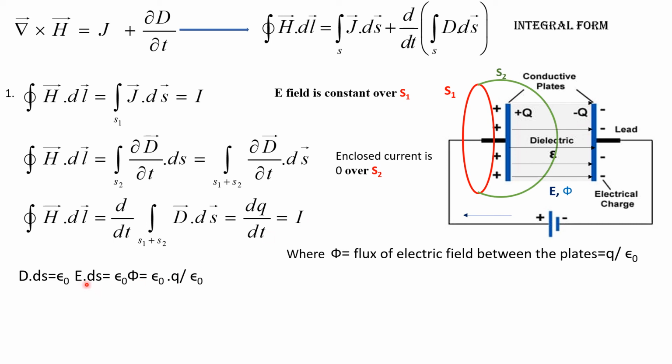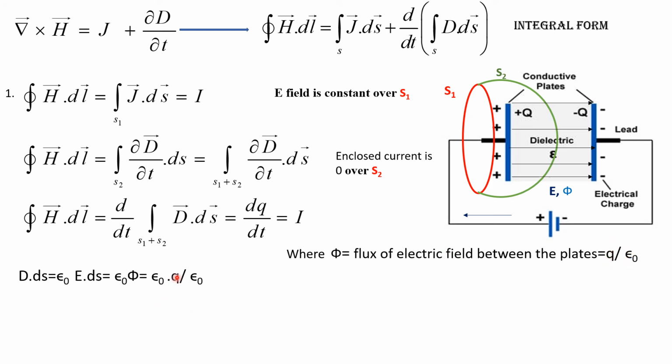And this is the flux of the electric field, E · dS, which is phi, within the capacitor plate. So from Gauss's law of electrostatics, the flux of the electric field between the plates, the integral of E · dS, is equal to Q by epsilon 0.